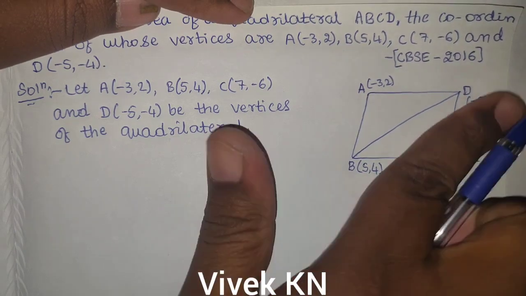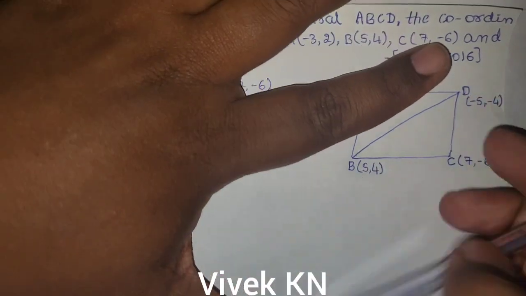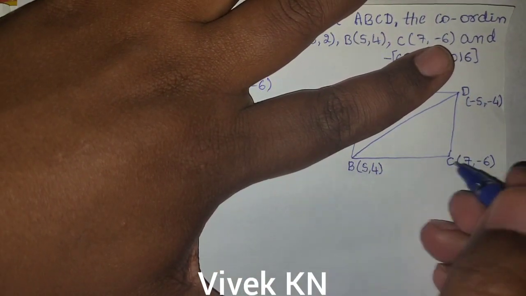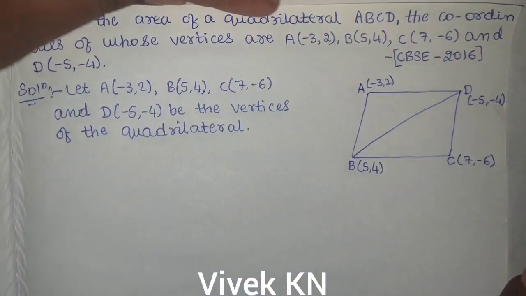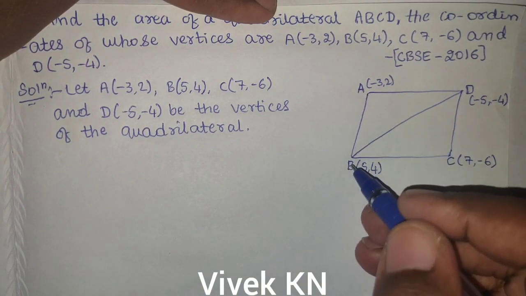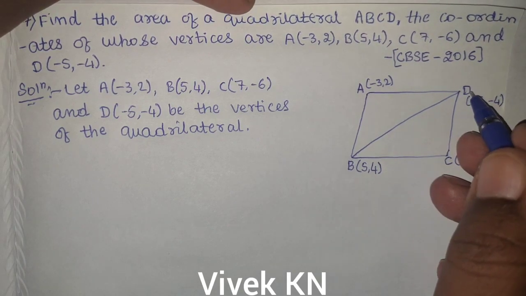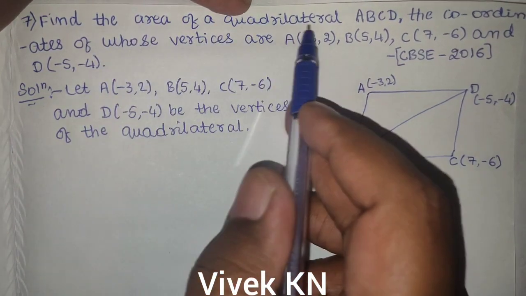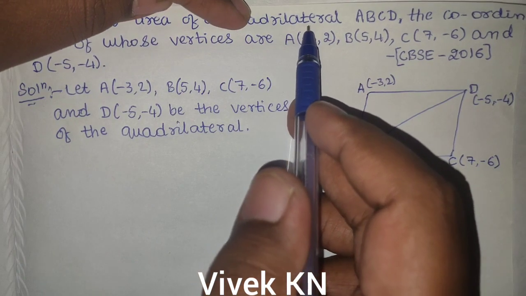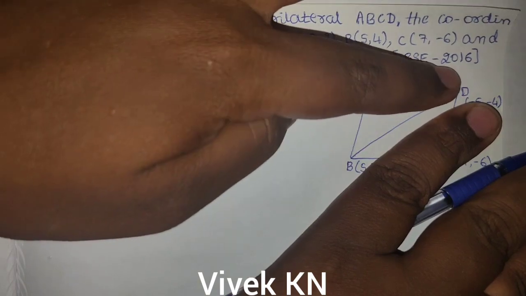The first triangle is triangle ABD and the second triangle is triangle BCD. Now by calculating the area of triangle ABD and BCD, we can easily find out the area of the quadrilateral. So first let us calculate the area of triangle ABD.